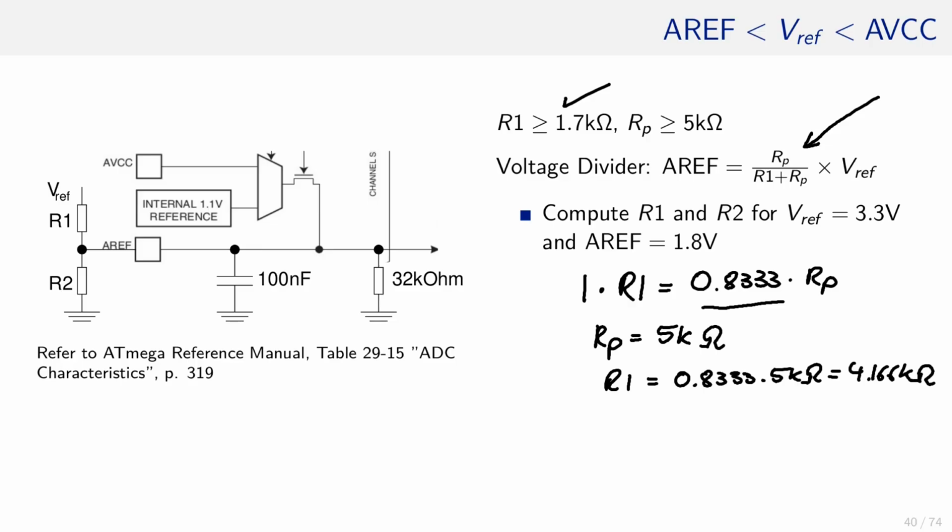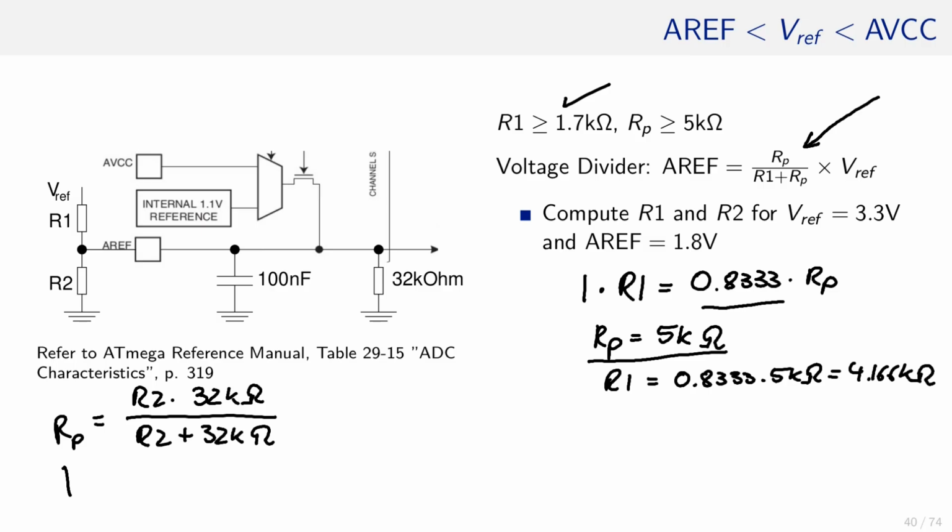Using the formula for parallel resistors that we had earlier, and that was RP is equal to R2 into 32 kilo ohm divided by R2 plus 32 kilo ohm. Inserting 5 kilo ohm for RP gives us R2 in the end. After doing the math, we get to know that R2 is equal to 5.926 kilo ohm, or almost 6 kilo ohm.